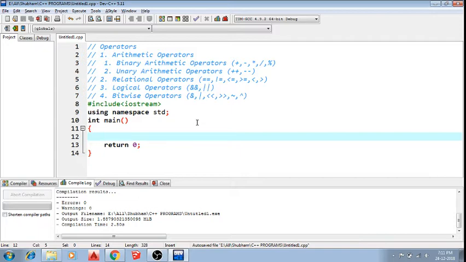First of all, we all know about the AND gate. What an AND gate does: it takes two inputs, or whatever number of inputs. If all the inputs are high, or all the inputs are 1, then the output will be 1. Or you can say that if any of them is 0 or low, then the output is low.